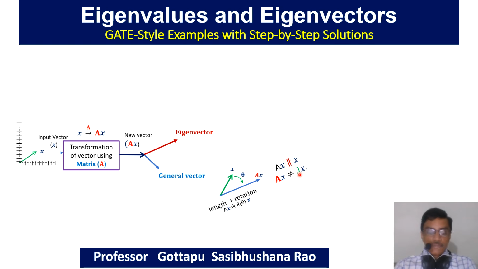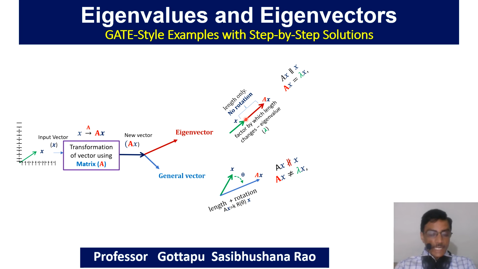But if the vector satisfies Ax equals lambda x, then that vector is called an eigenvector. For a special vector called an eigenvector, the transformed vector Ax remains on the same direction line. You can see here the green arrow is the input vector, and the extended portion shown here is on the same line.